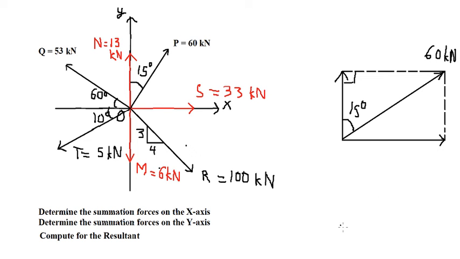We can use sine 15 degrees equals opposite divided by hypotenuse. The hypotenuse is 60 in here, so we can find the opposite.